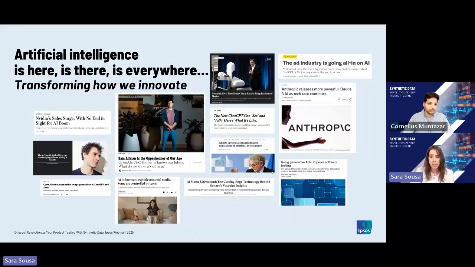We believe that synthetic data and AI will fundamentally transform how we do consumer insights, how we innovate, and how we also do market research. And specifically, synthetic data will take our capacity to understand consumers and use insights to the next level.